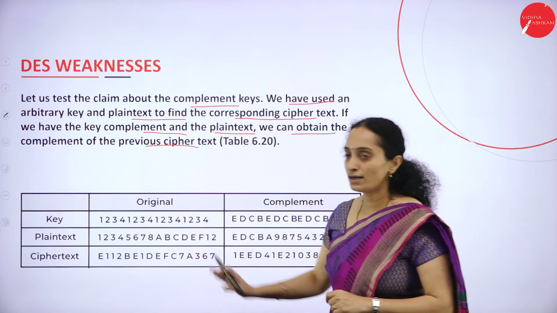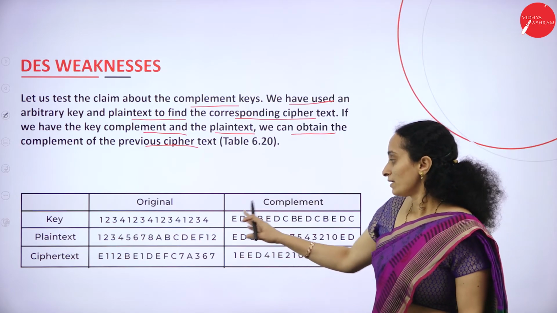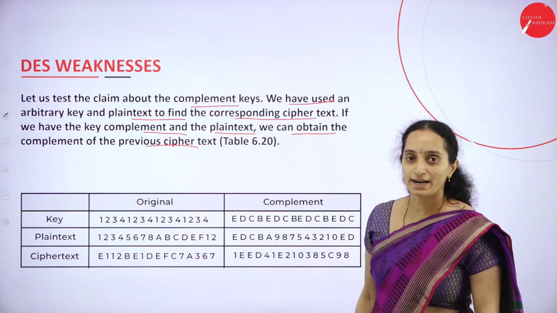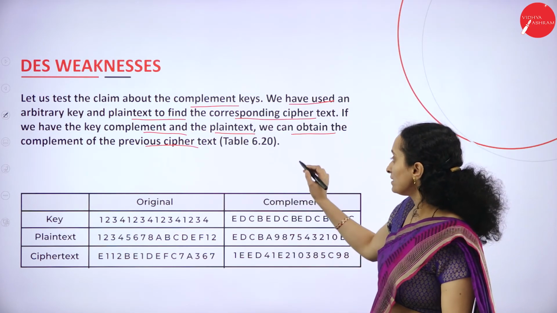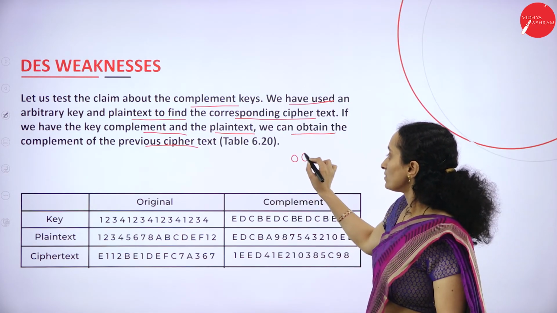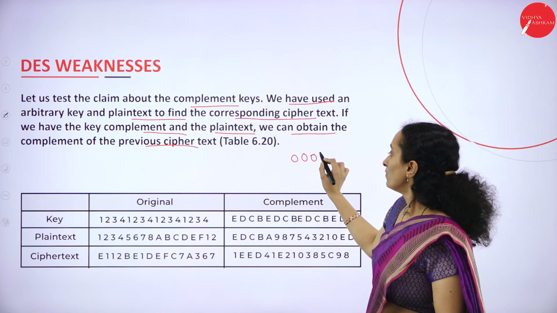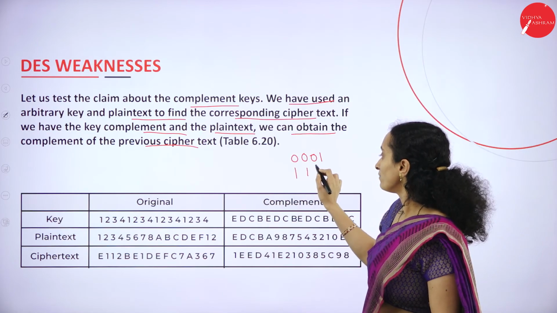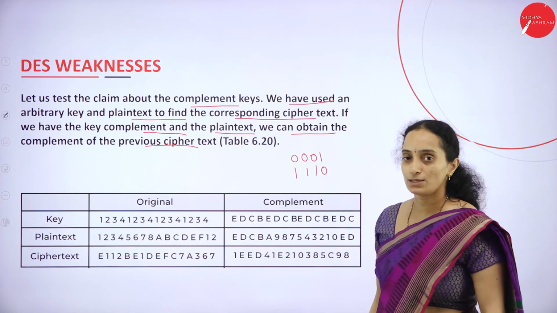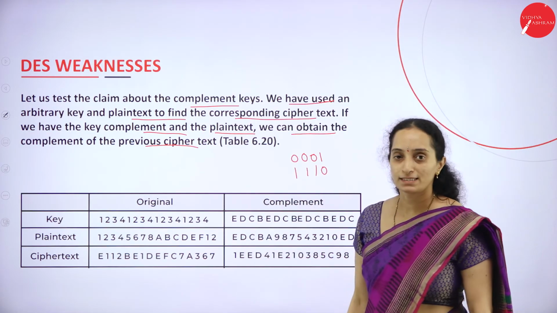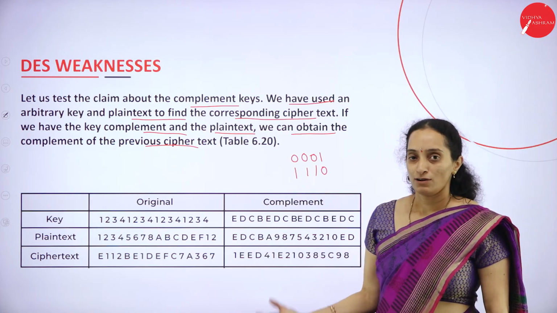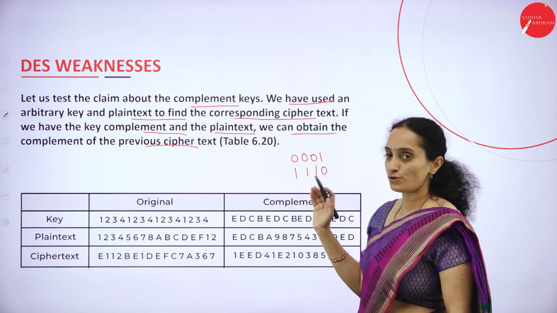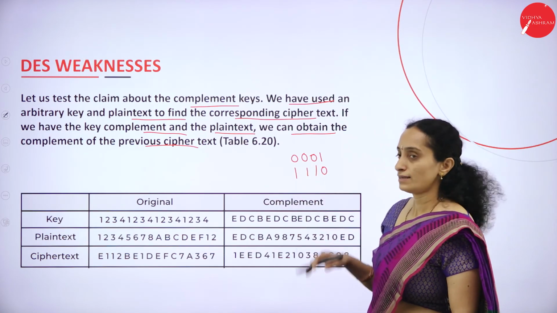You can get the complement by interchanging the ones and the zeros. Plain text is 1, that means you will get 0001, isn't it? The complement of this is 1110. That means it is E, that is 14.